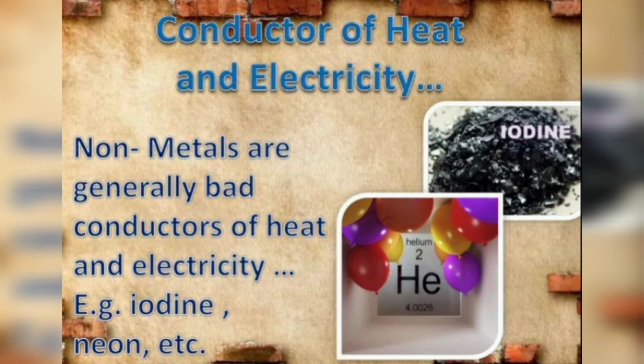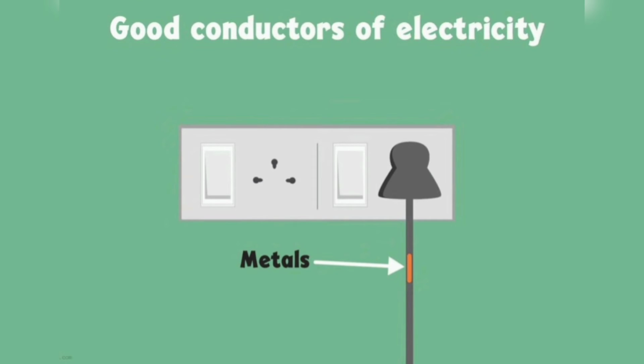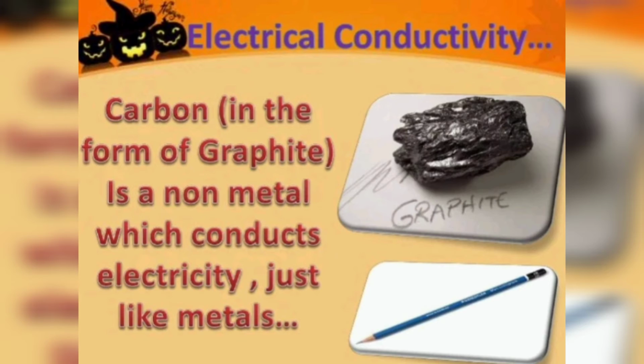Non-metals are bad conductors of heat and electricity, except one non-metal. Do you know the name of the non-metal? The exception here is graphite.